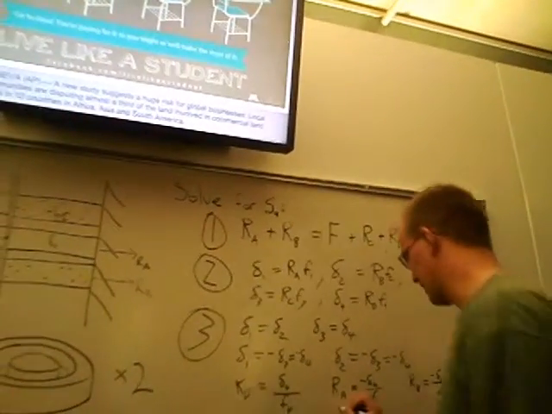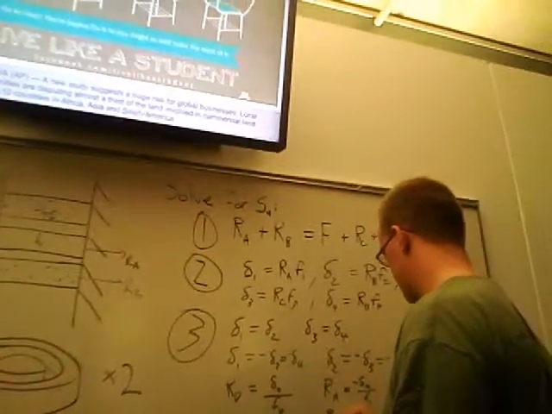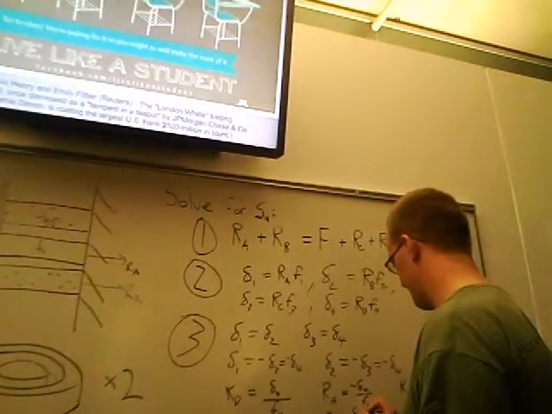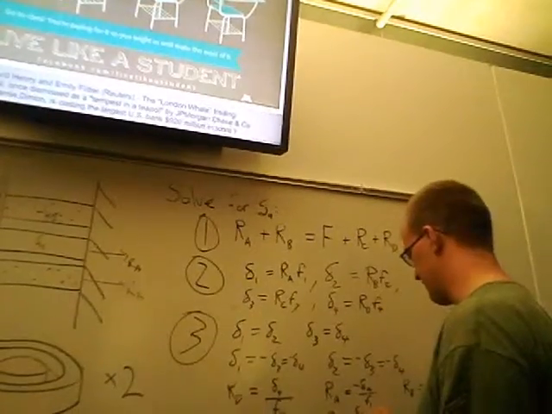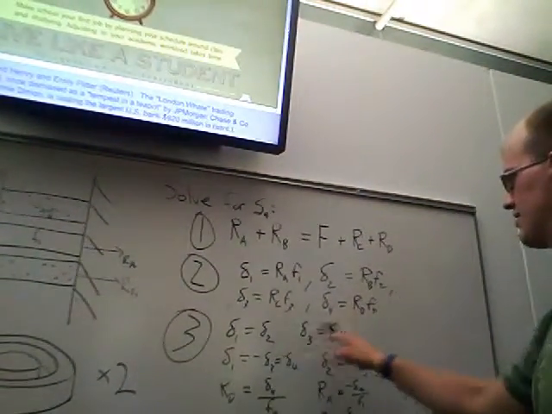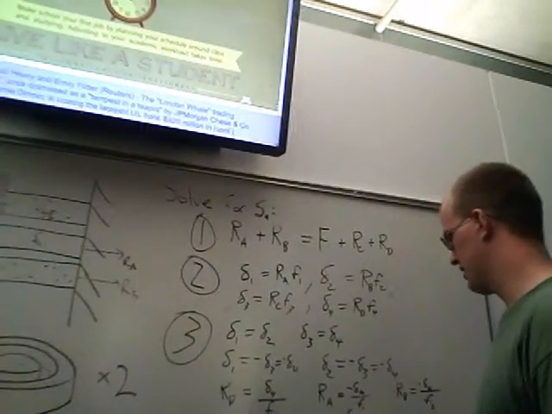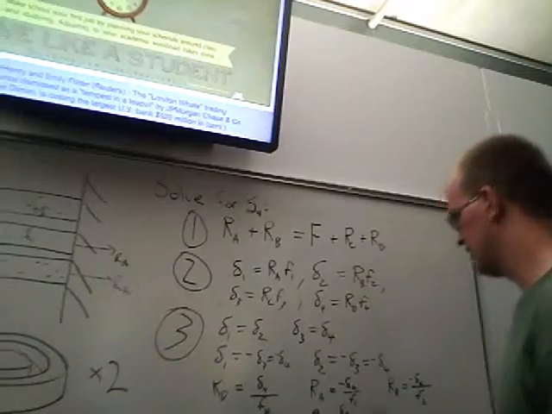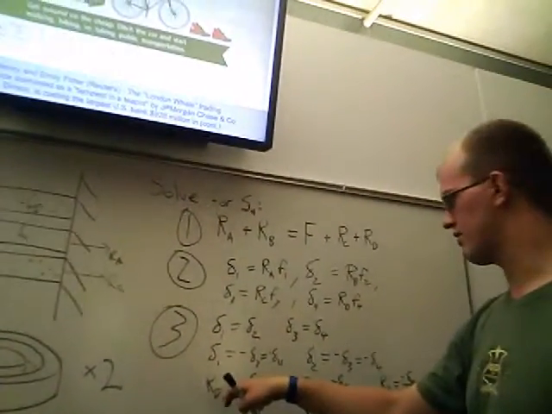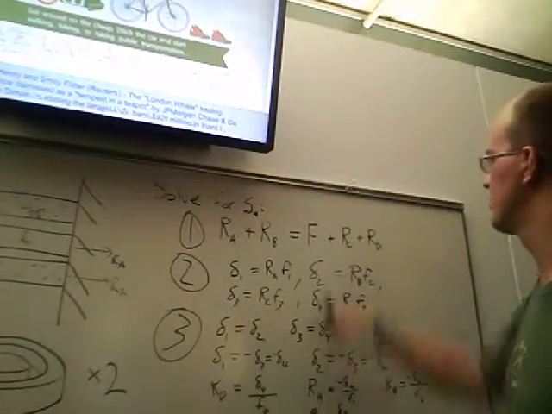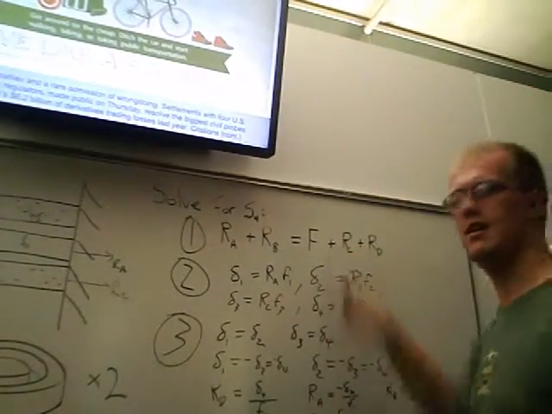And then RC is equal to delta 3 over F3. And we know from this equation that delta 3 is equal to delta 4, so we're going to make that switch. All right, so now we have an equation for RD, RA, RB, and RC. So we're going to plug those back into this equation up here.